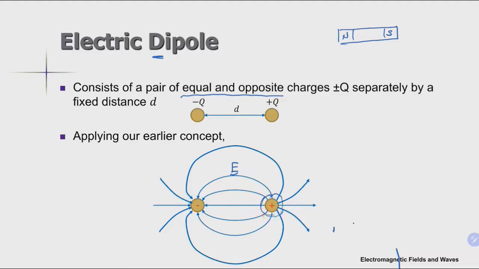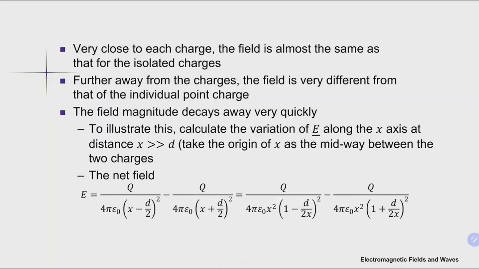If I draw around this line here, it looks as if it's just a positive charge with an electric field pointing away from it. Similarly here, very close. But as you go further, the other charge will have an influence on the electric field. If very close, it's negligible. So that's what this statement says. Very close to the charge, it's almost the same as an isolated charge, but further away, it's very different from the individual point charge.